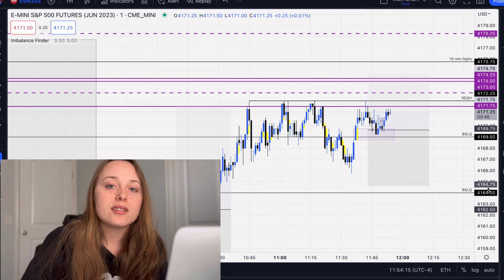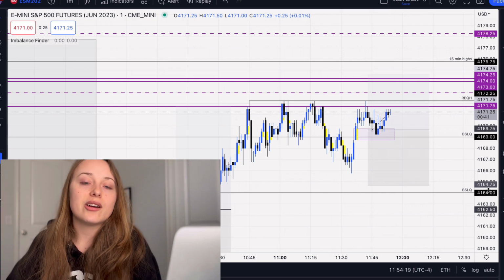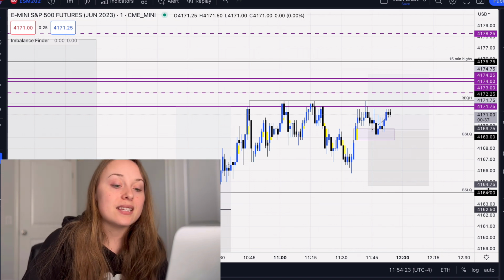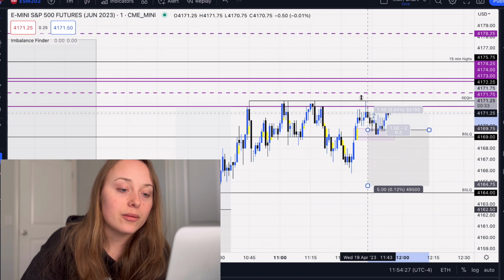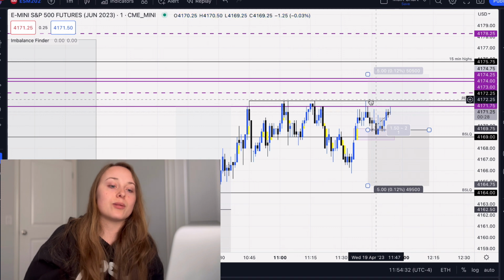Of course, the only thing that I don't like about this trade is it's not an easy 10-point handle run, but it is a really easy 3-point run because we have those relative equal highs right there.